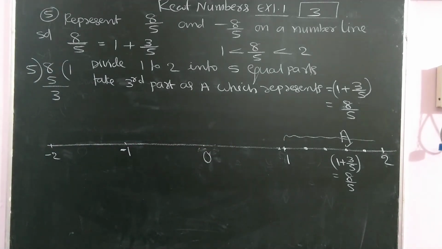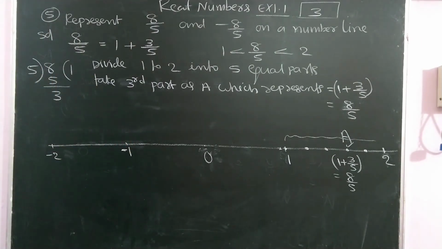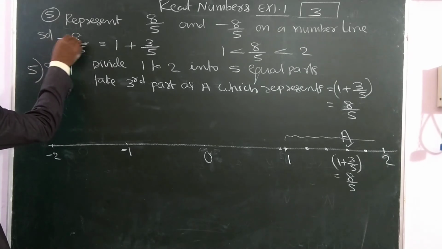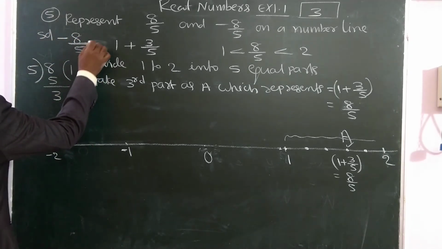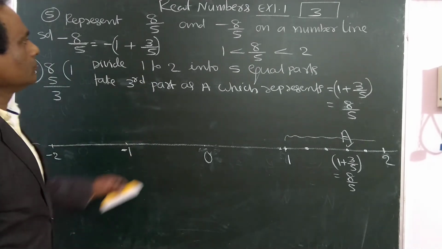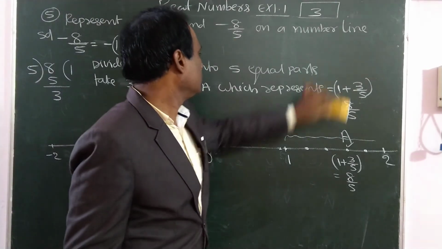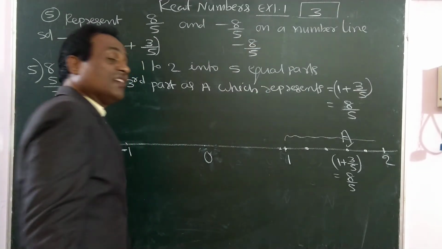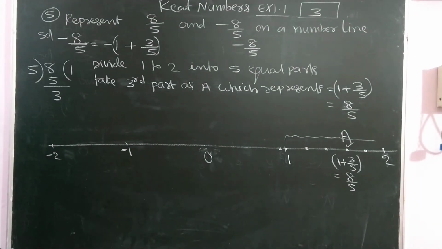Now I will explain for minus 8 by 5 also. Next, take minus 8 by 5. Same process. Where will minus 8 by 5 lie?